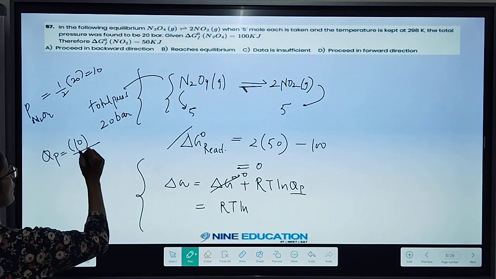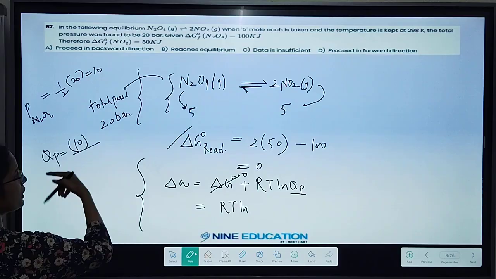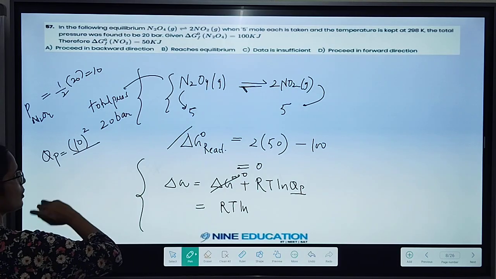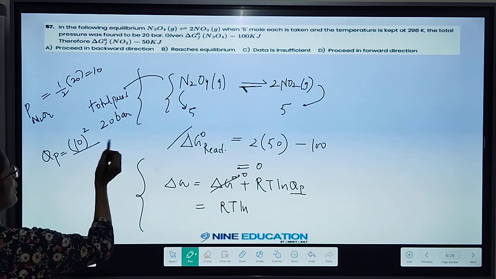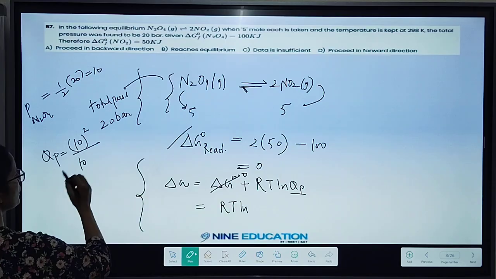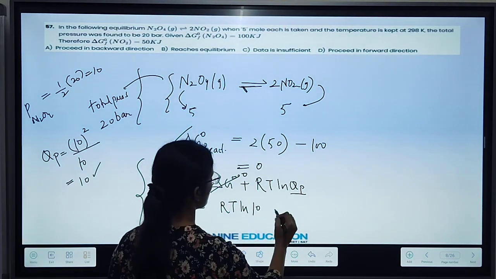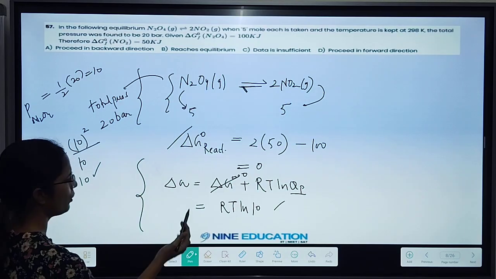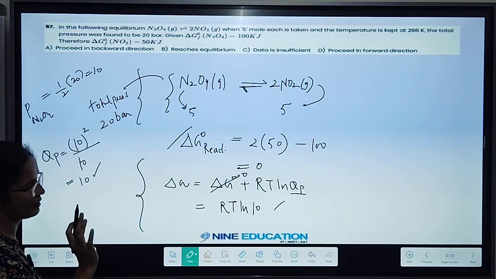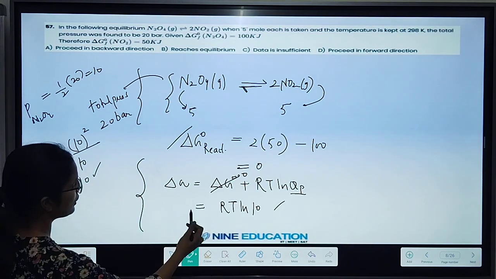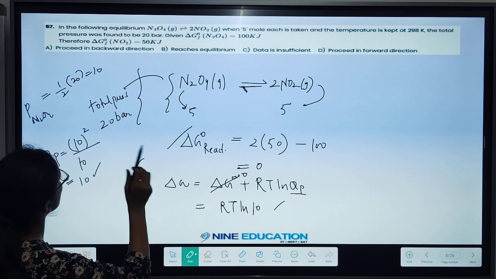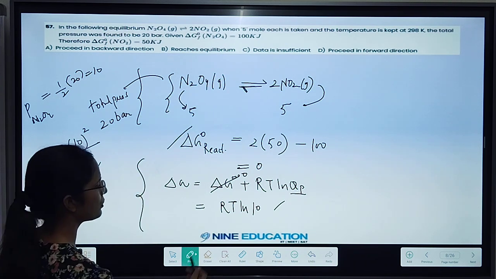So if I write QP expression, it will be 10 square, I am writing in terms of pressure, right? And downside also will be having 10. So QP will be simply coming 10. And here if I substitute 10, you will see that you need not solve this, right? If you are solving it, that's another thing. But here in order to get the answer out of all these options, you need not solve it.